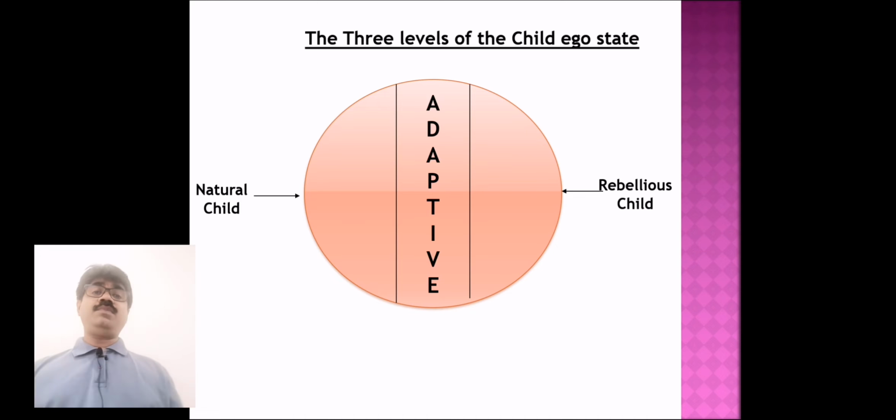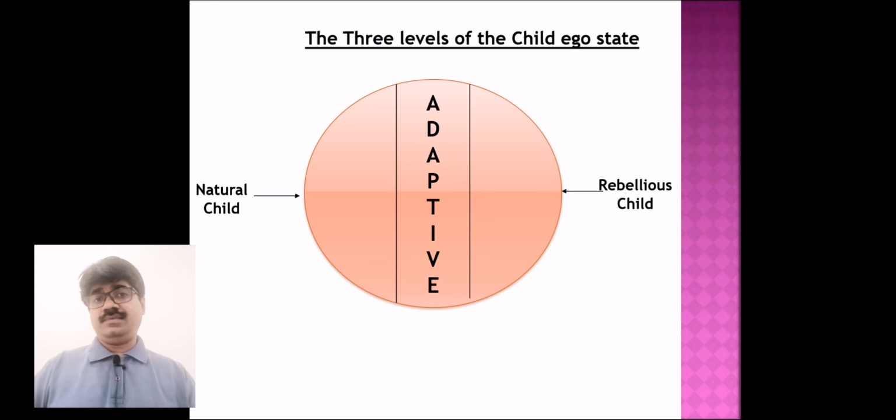And what is an adaptive child? In between, an adaptive child is a child who behaves exactly like what the parent wants. A very obedient child, very adaptive to their parents. "I won't do that, my dad doesn't like it.